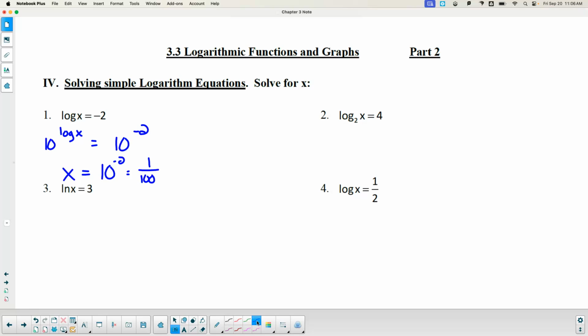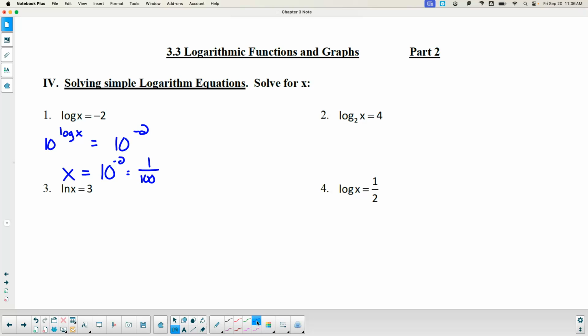Okay, that's one method. Little complicated. There's a little bit of extra stuff in there, but you don't have to memorize anything. You just take both sides and put both sides in the power of the base of the exponent.